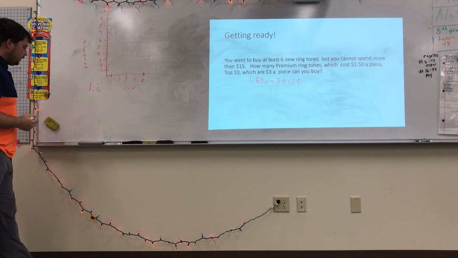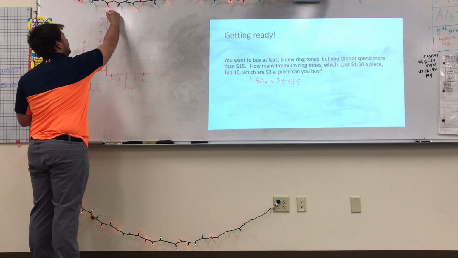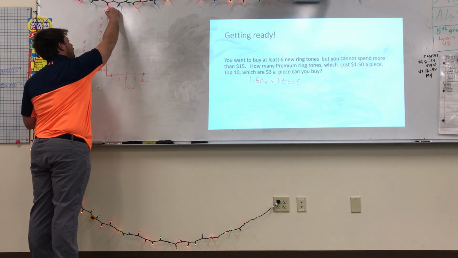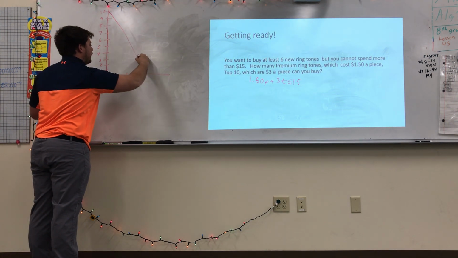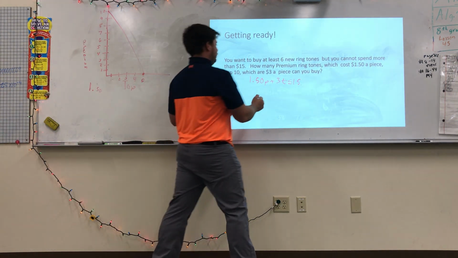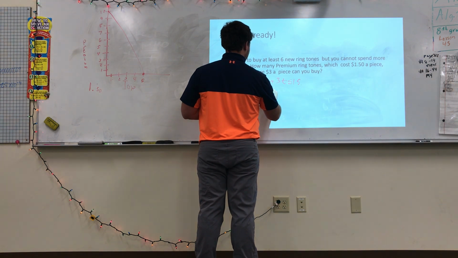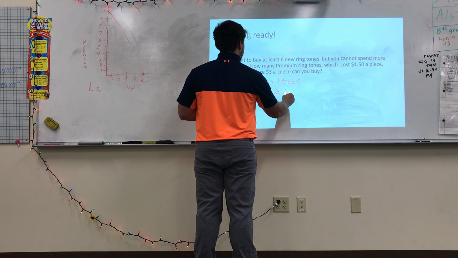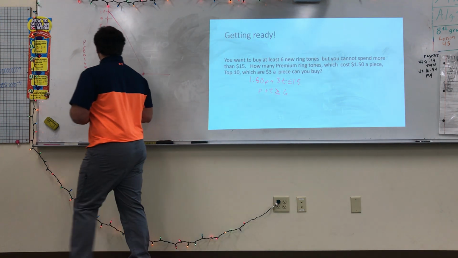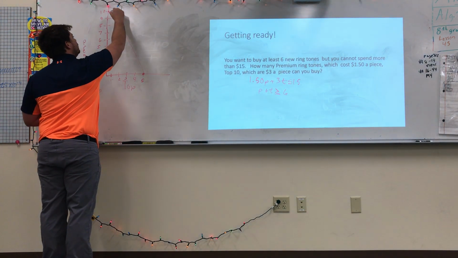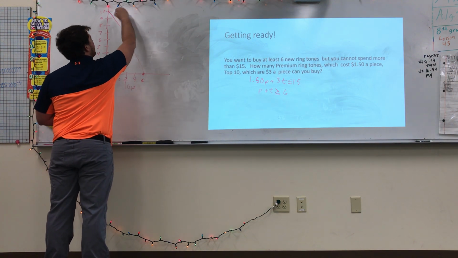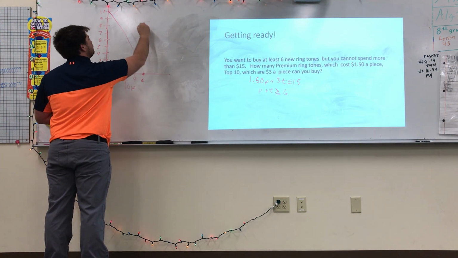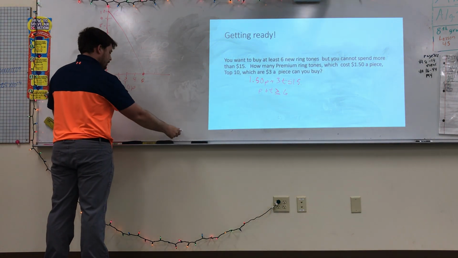Alright, so what I'm thinking right now is this would be our first inequality. This would be making the fact that your P plus T is going to be greater than or equal to 6, because you at least want 6 new songs. So, this is this inequality. So you're going to have to shade everything out here. Okay? So that's that part.